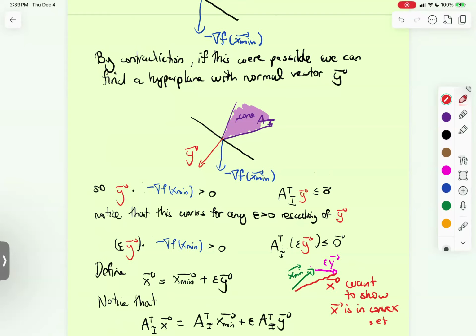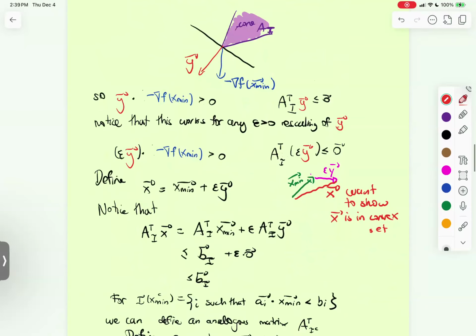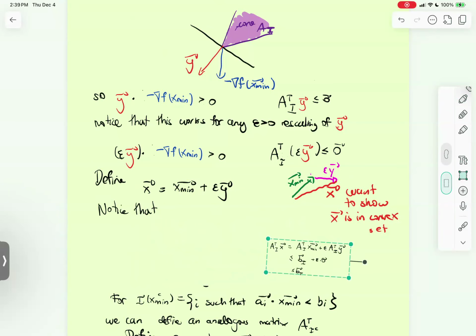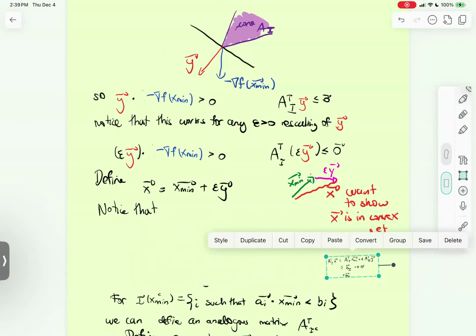Maybe I should have done this differently. Let me rewrite it. I'll shrink this because I don't want to do it this way. I'll put it on this side if needed.